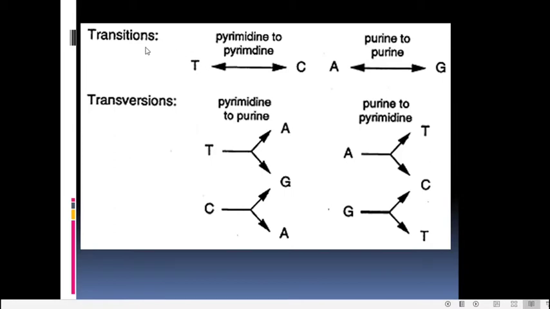Such mutations are called transitions. In transversions, a purine is replaced by a pyrimidine and a pyrimidine is replaced by a purine. That is, if T is replaced by either A or G, C is replaced by G or A, or A is replaced by T or C, G is replaced by T or C. They are examples of transversions.